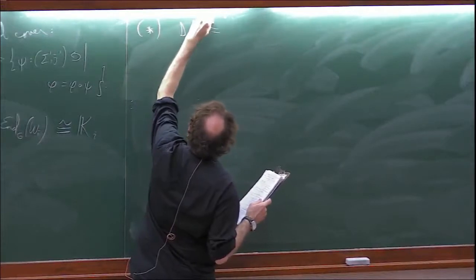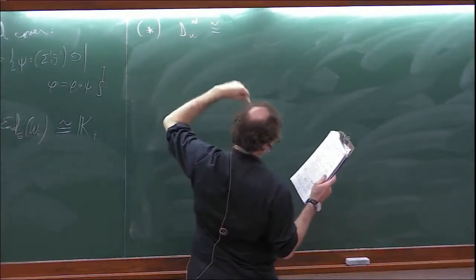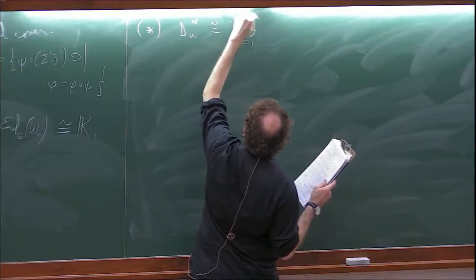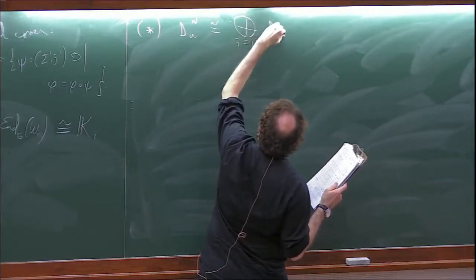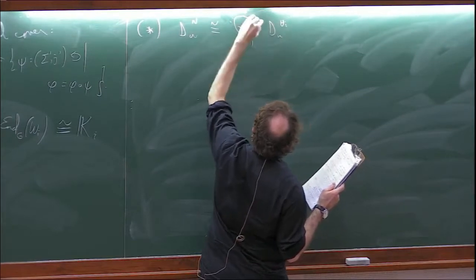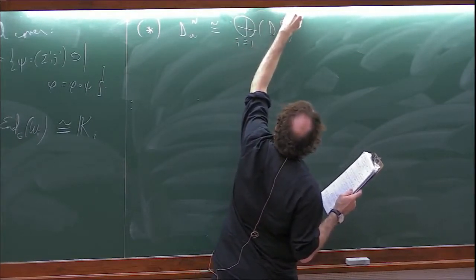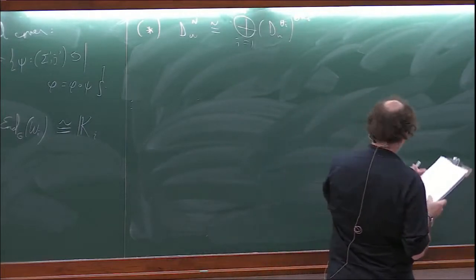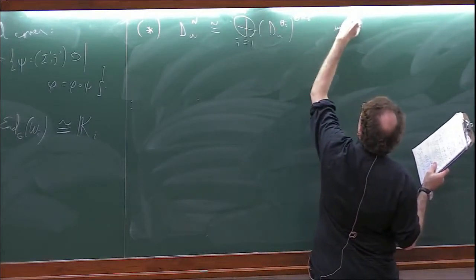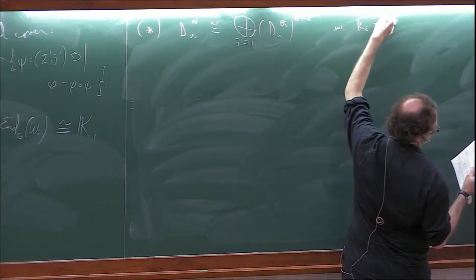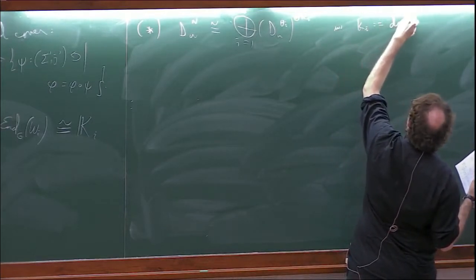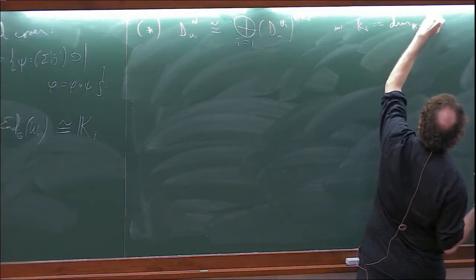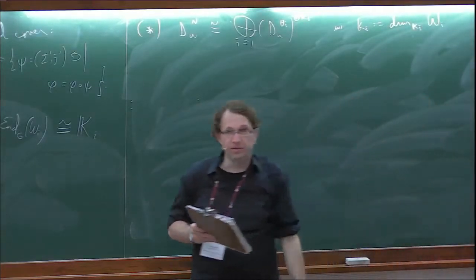D_u^N is isomorphic to the direct sum, over all of these irreducible representations, of some number of copies of these operators D_u^theta_i, k_i times, and I can also say what that number is. k_i is just the dimension over that endomorphism algebra of these representation spaces.